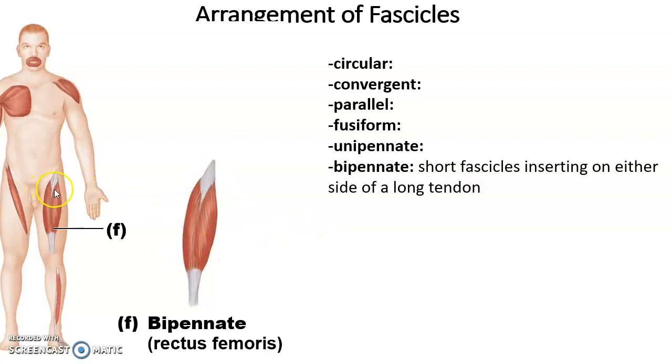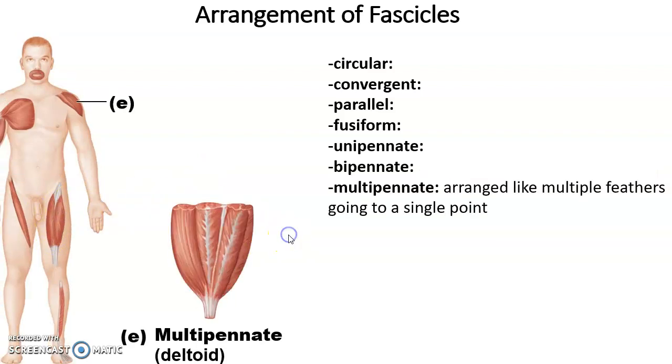An example of that would be rectus femoris. And multipinnate means that you have multiples of the uni or bipinnate structures all inserting into a single tendon, arranged like a bunch of feathers inserting into a single point. An example of this would be the deltoid muscle.